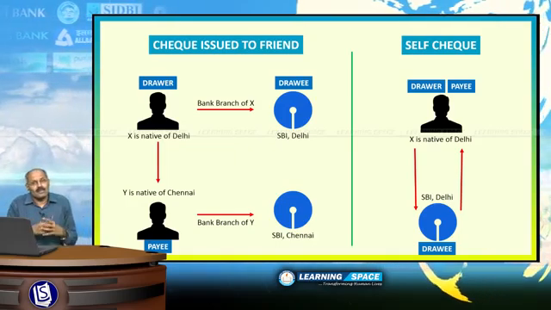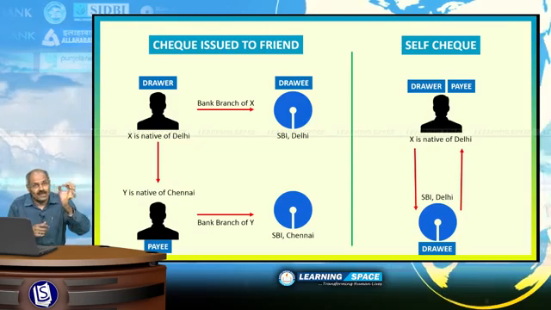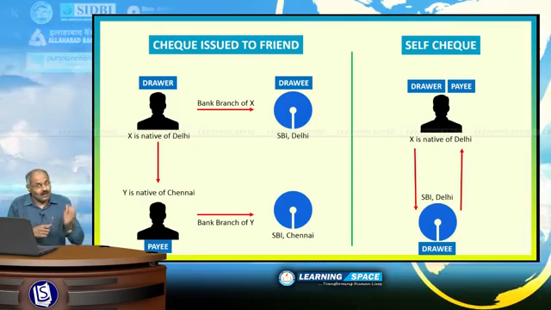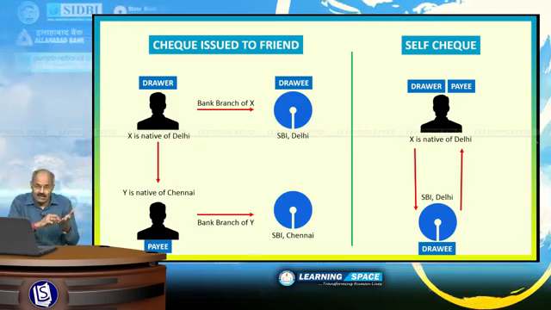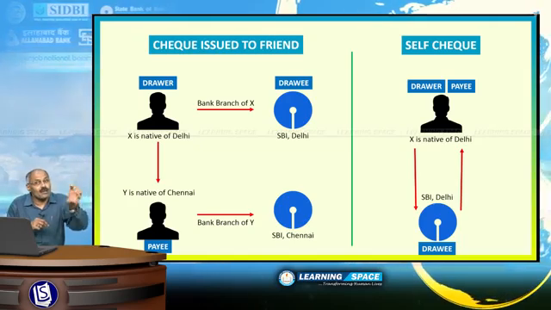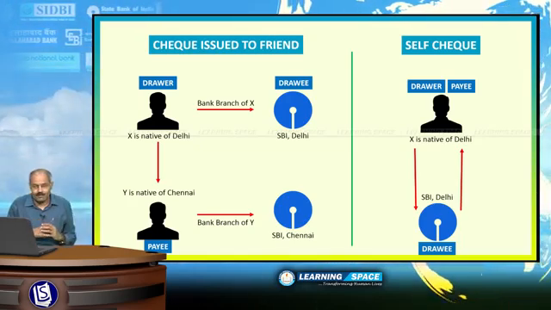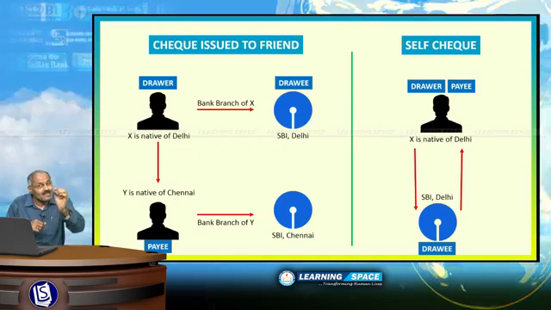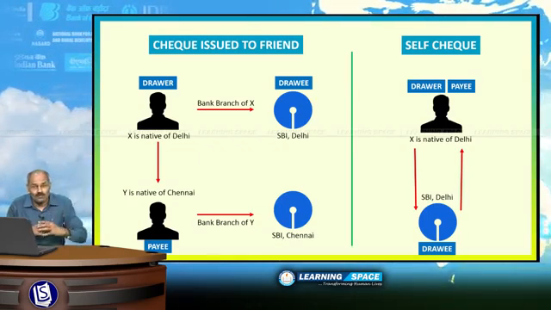So, here the drawer or maker of the check is X. X means whoever is giving the check, he is the drawer or maker of the check. And the drawer's branch is the drawee branch.